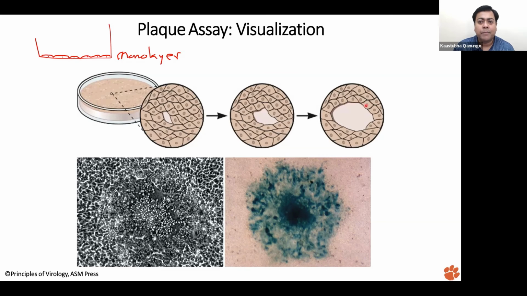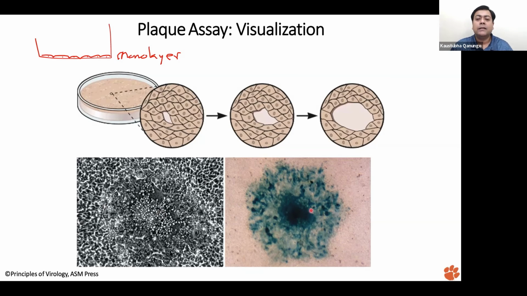Basically this is killing a region of the monolayer, and this forms a clear zone, which is a plaque. It can be visualized in a phase contrast microscope. Right here, you can see that monolayer, which is destroyed here.